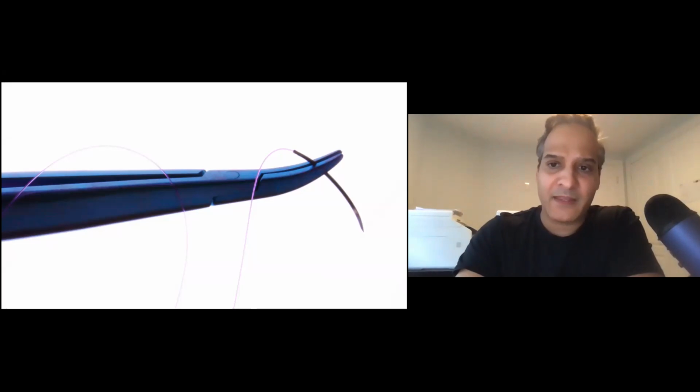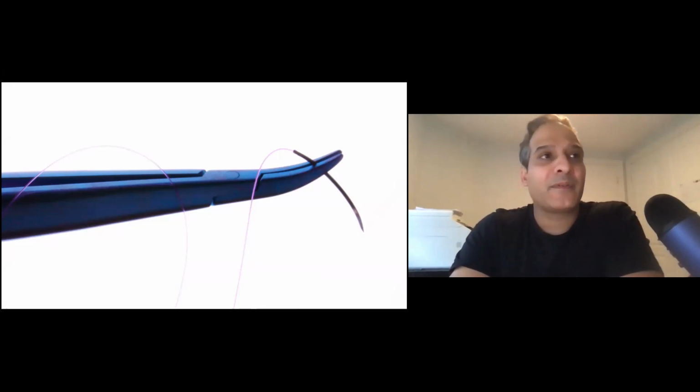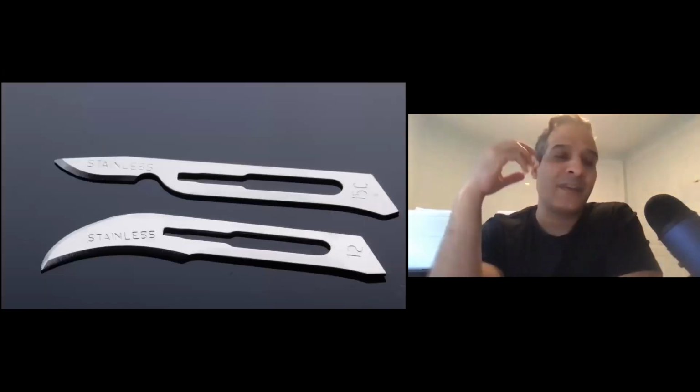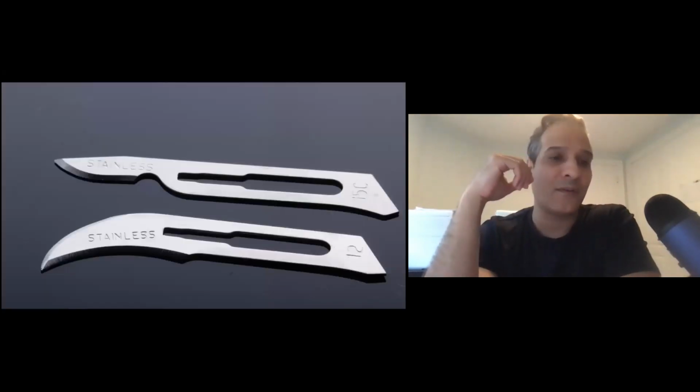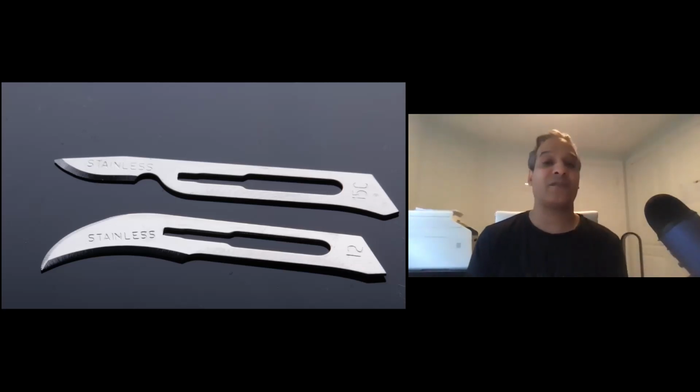And then sutures. Remember, tissue has blood supply. If you use a larger needle and a larger suture gauge, then you're disrupting more of the blood supply. I like to use monofilament sutures because they're not braided, they don't cause inflammation, and things heal much nicer and much faster.